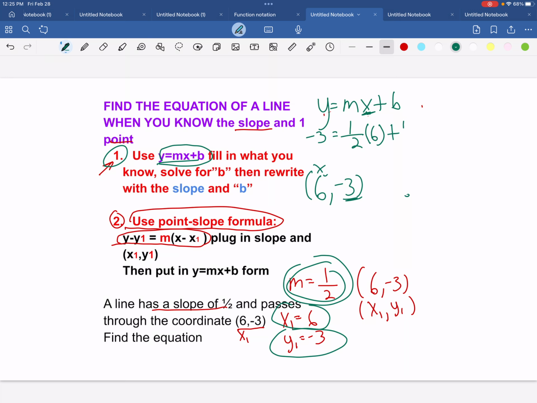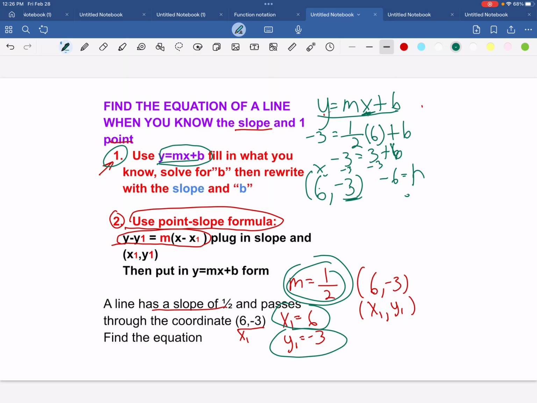We're looking for what b, or the y-intercept, would have to be to make this make sense. I did y equals mx plus b, plugged in the x and y samples I have, and plugged in the slope. Now I have one variable left to solve for, the b. So we have negative 3 is equal to 1/2 times 6 is 3 plus b. Subtract 3 from both sides. You've got a negative 6, this is b.